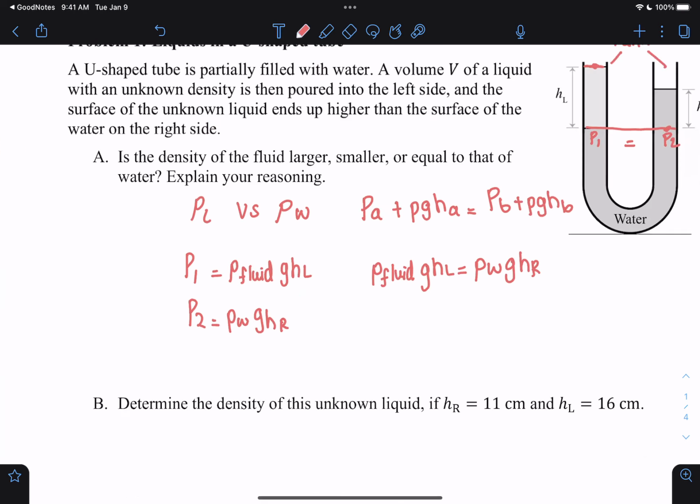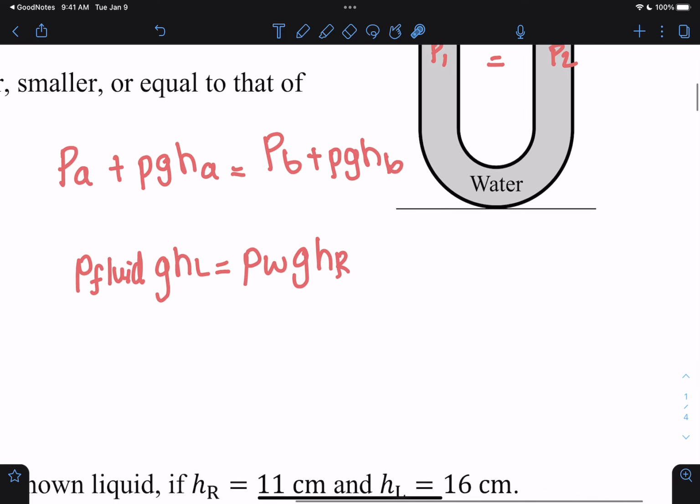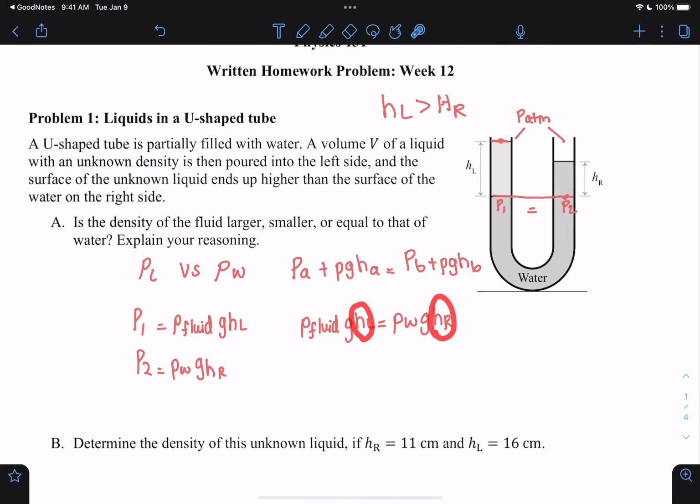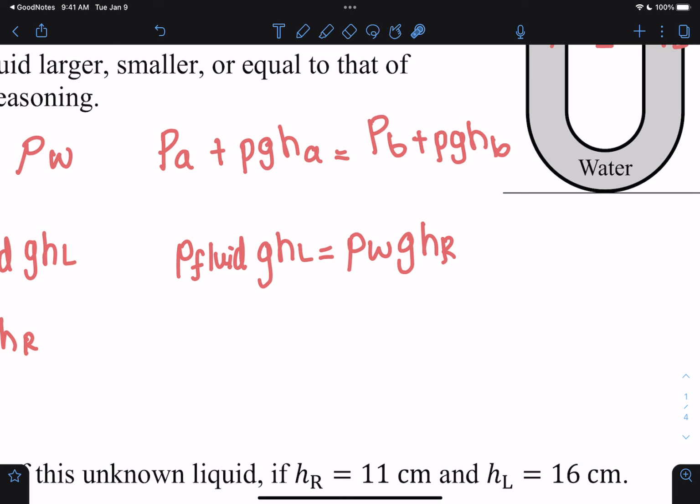Now, the idea here is that gravity should cancel out because it's a constant value, so it wouldn't factor in. Now, HL versus HR, well, we know that HL is definitely a lot bigger than HR. So if this is larger than HR, then these densities would have to be different.